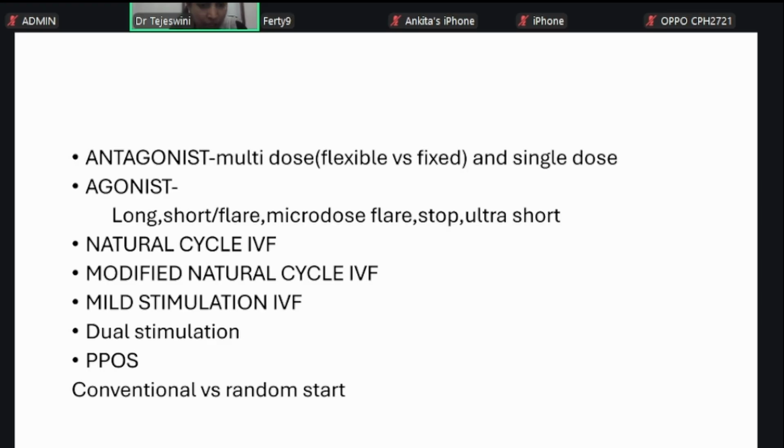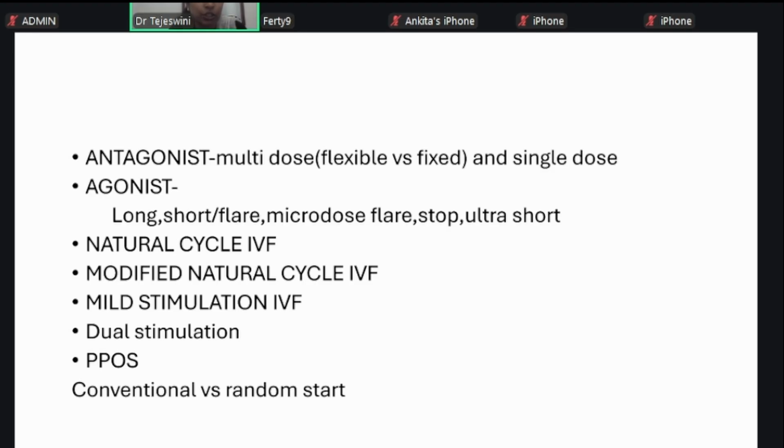But in such cases, a careful ultrasound examination to look whether there is a corpus luteum or not is more important, and hormonal evaluation. Along with that, at the start of the stimulation, it is always better to do a urine pregnancy test or a serum beta HCG test along with progesterone. The progesterone and beta HCG are to be repeated intermittently in the cycle based on the cycle response, and mandatorily before the trigger.